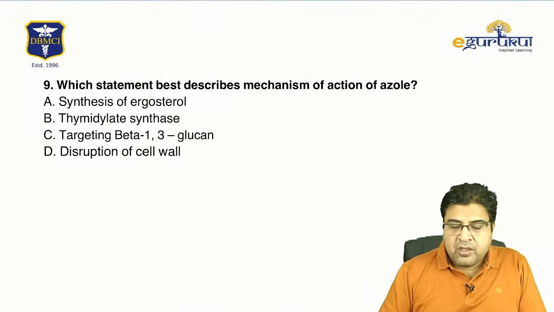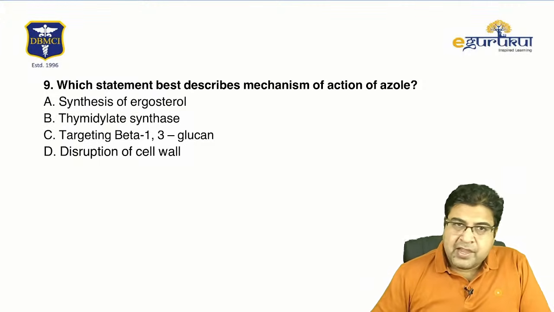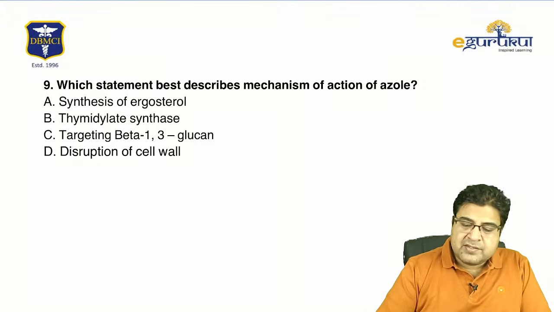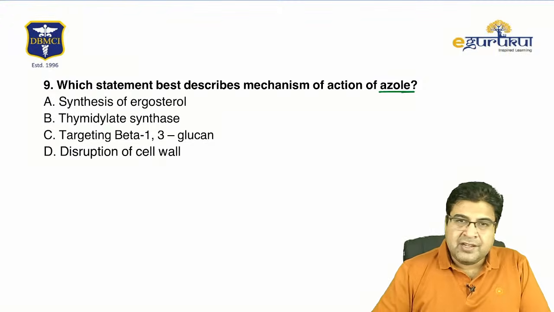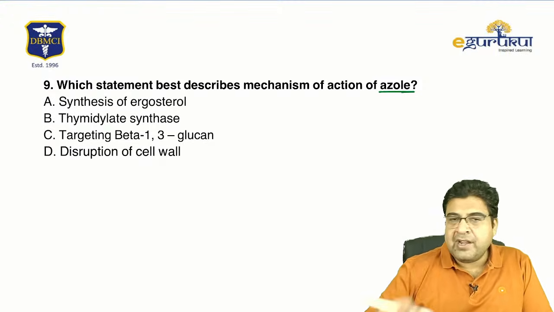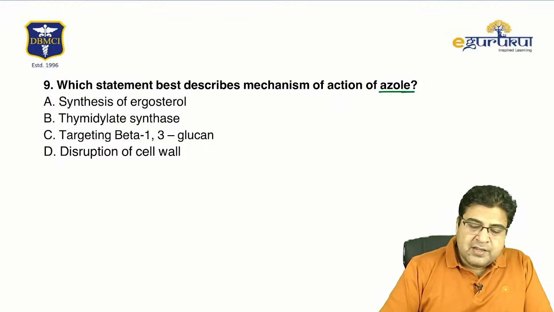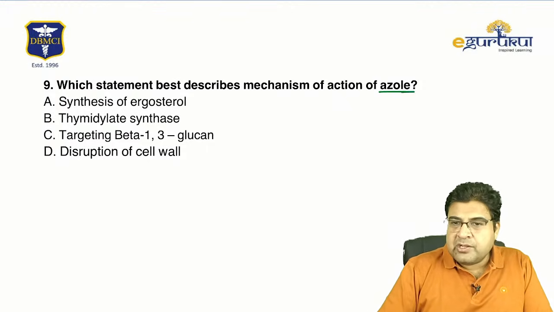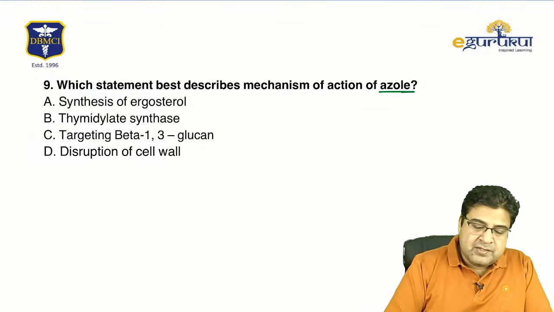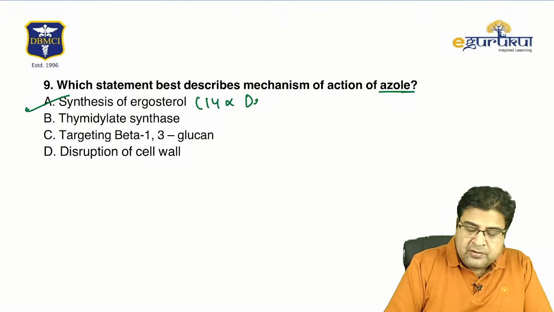Question number 9. Now the topic is antifungal drugs. Antifungal drug is the second question asked in last 5 years in NEET exam. Otherwise in INICET, antifungal is a hot favorite topic for the examiner. Now the medicines are azoles like ketoconazole, fluconazole, itraconazole. These medicines will inhibit one enzyme known as 14 alpha demethylase enzyme.